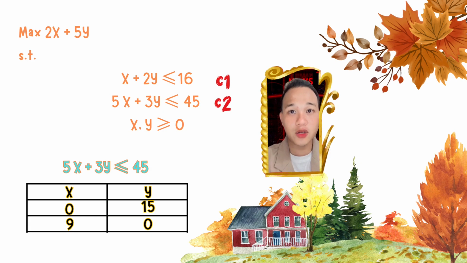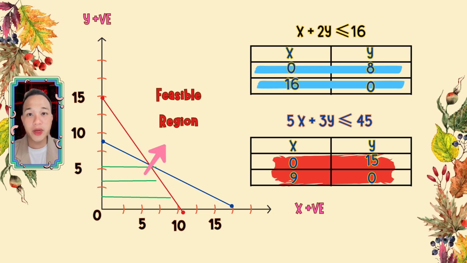For the second constraint, when x equals 0, y equals 15, and when y equals 0, x equals 9. Now, when drawing the graph, I usually just stay in the first quadrant, where both x and y are positive because of the non-negativity constraint.